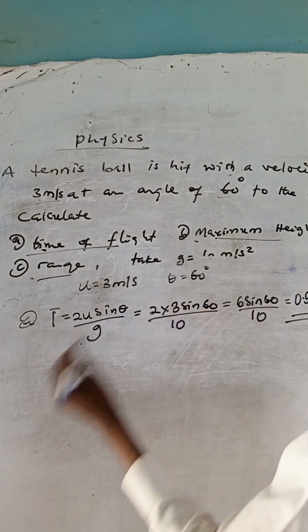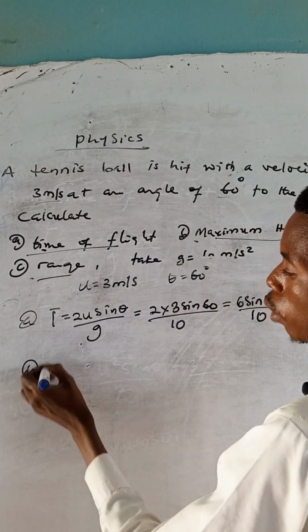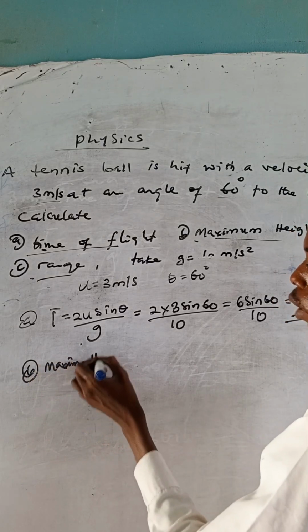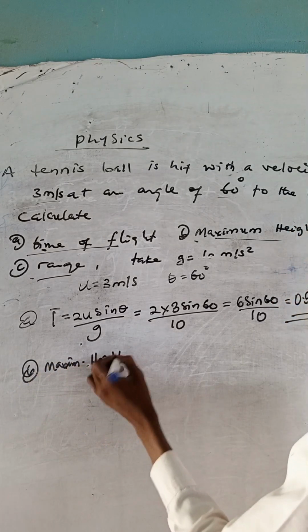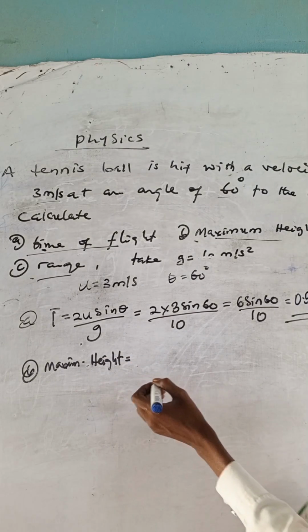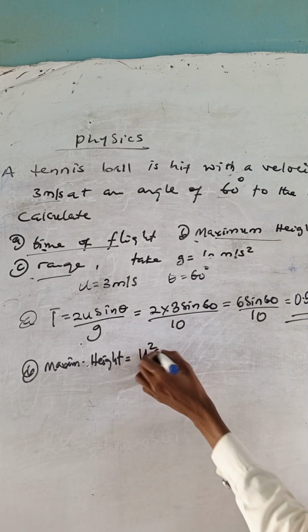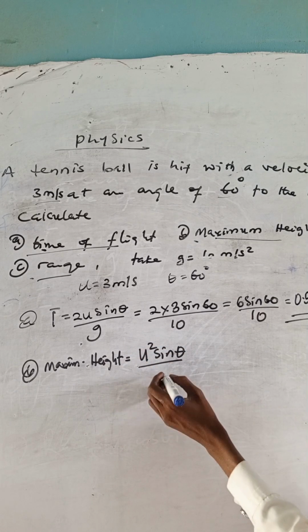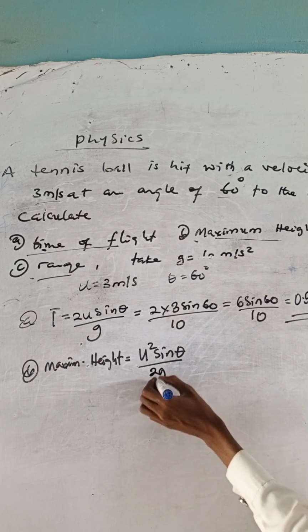So B, maximum height. Maximum height is equal to u squared sine squared theta divided by 2g.